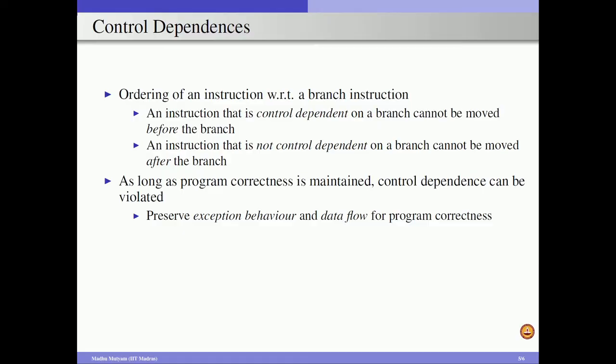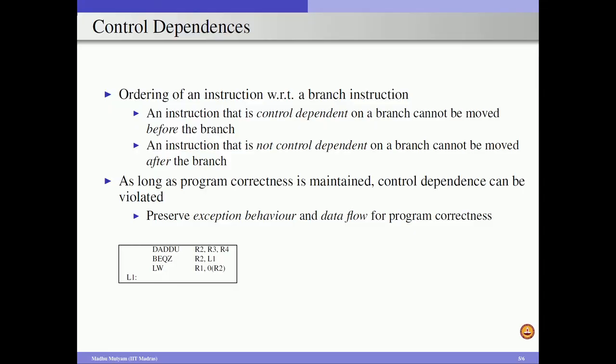Whereas, if an instruction is not going to be affected by the branch instruction, then we can reorder the corresponding instructions. Effectively, as long as the program correctness is maintained, the control dependencies can be violated. And to maintain the program correctness, we have to preserve the exception behavior as well as the data flow.